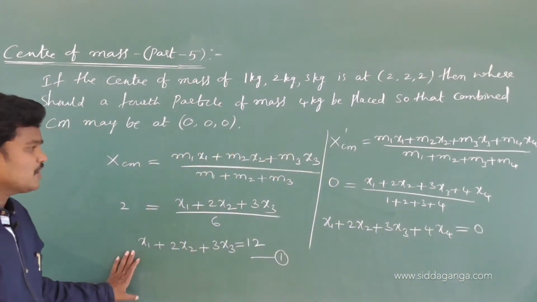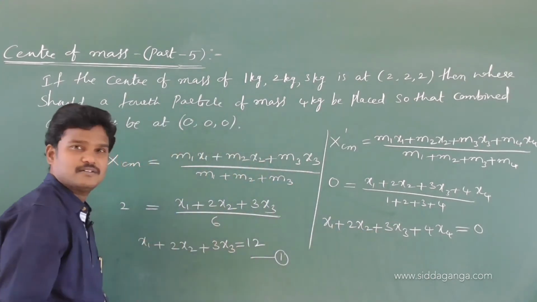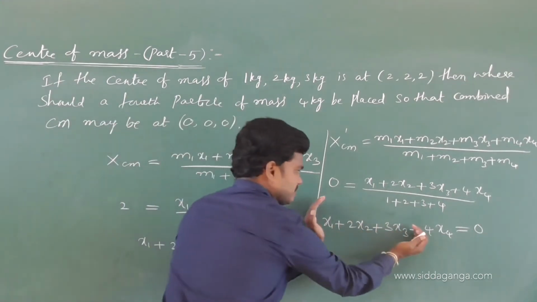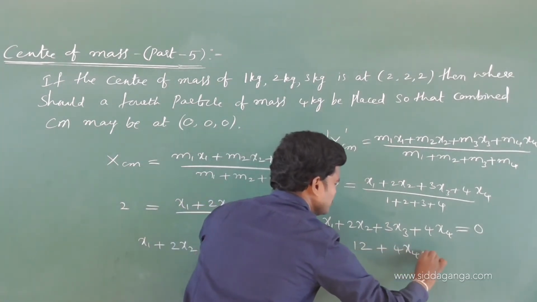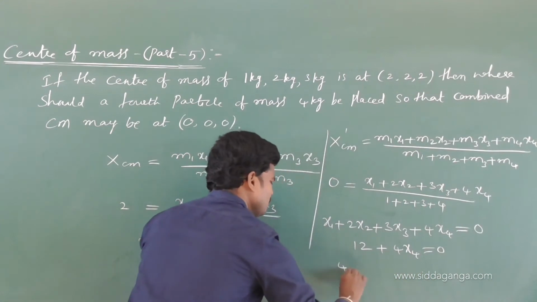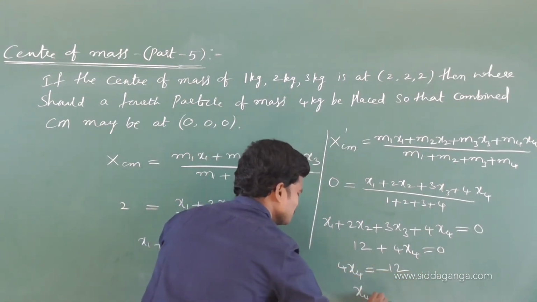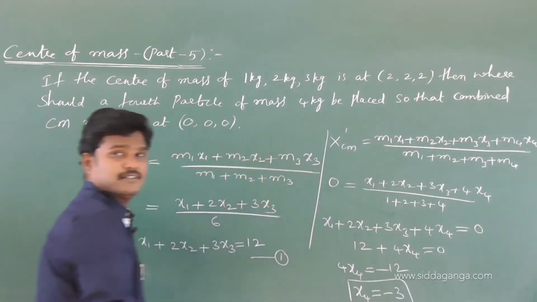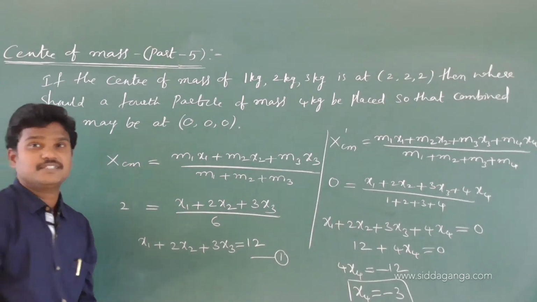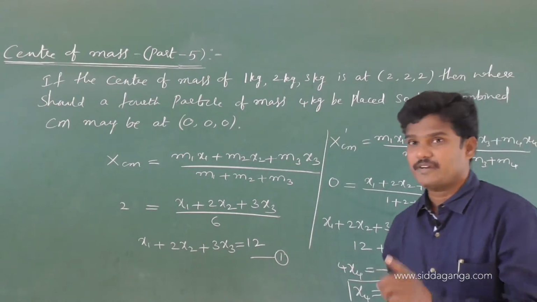But from equation 1, x1 plus 2x2 plus 3x3 is equal to 12. Substitute in place of this: 12 plus 4x4 is equal to 0. Now 4x4 is equal to minus 12. What is x4? Minus 3. I got x4 as minus 3.